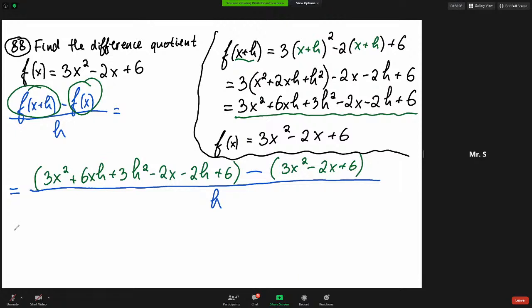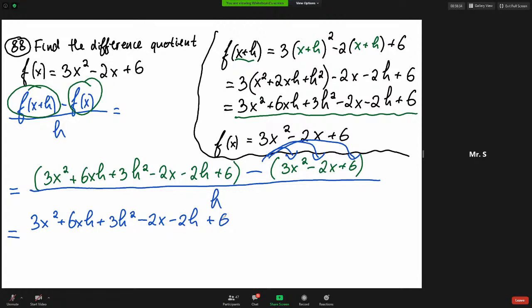All right, so next, let's stick to blue. This minus sign plays a role. It needs to be distributed. So let's bring down 3x squared plus 6xh plus 3h squared minus 2x minus 2h plus 6.